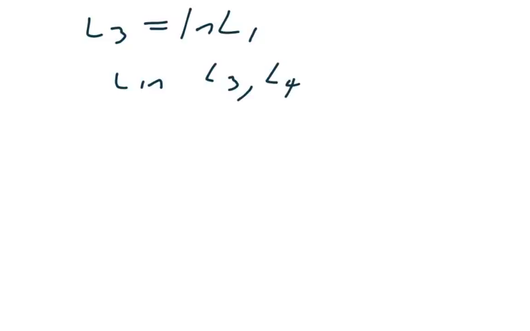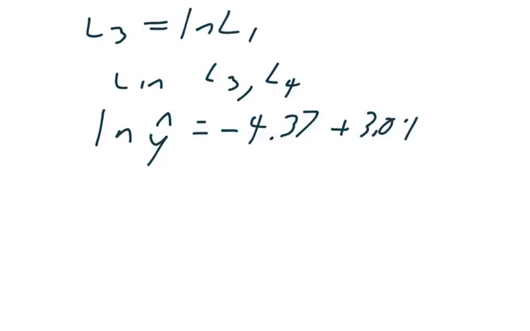So now we're going to put L3 equals the natural log of L1, and if this doesn't work, then we're all out of ideas. So ln of L1 for L3, linear regression L3 comma L4, and so the ln of y hat equals negative 4.37 plus 3.049 ln of x.